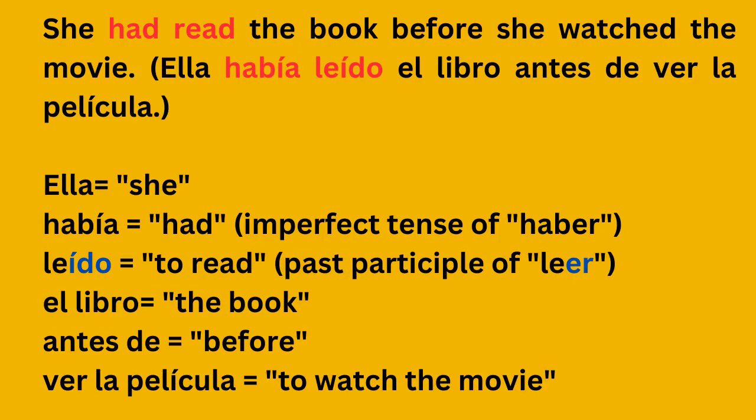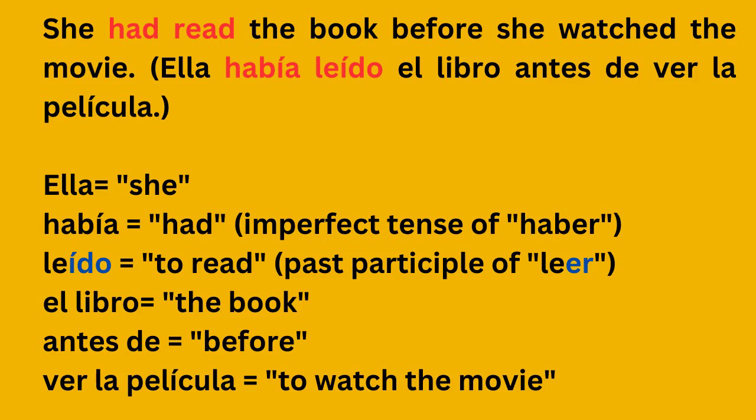Let's do another example. How would you say, she had read the book before she watched the movie, in Spanish using the past perfect tense? In Spanish, it would be, ella había leído el libro antes de ver la película.